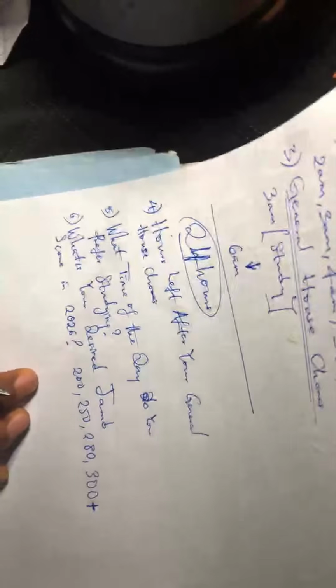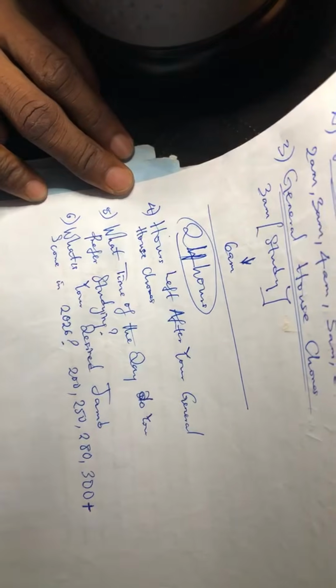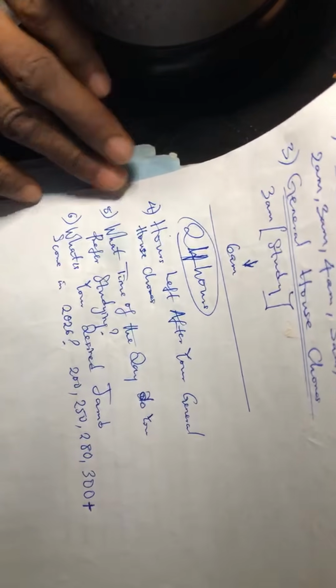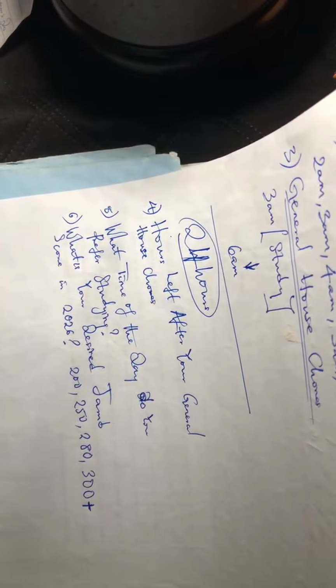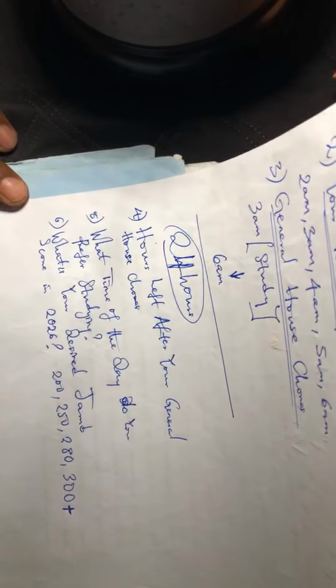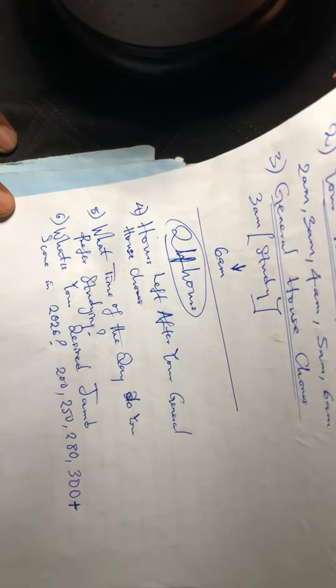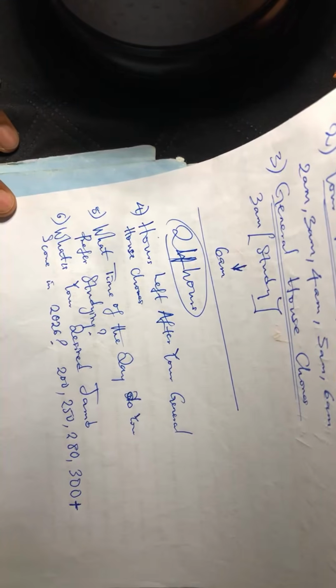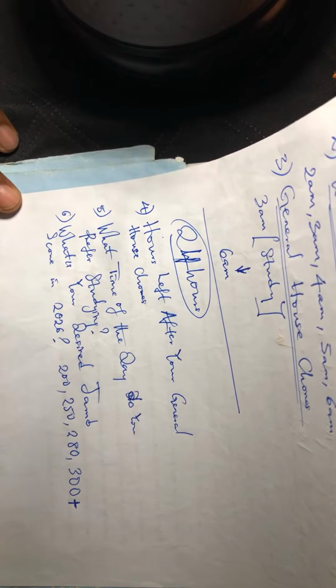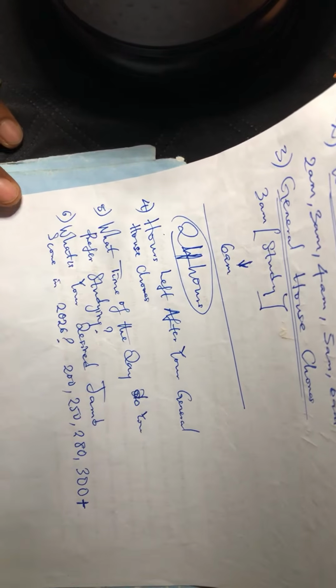So let's move on to the next point. Now that you know your desired JAMB score for 2026, the next thing you need to do is ask: how many minutes, how many hours can you actually concentrate on your book, on your studies?